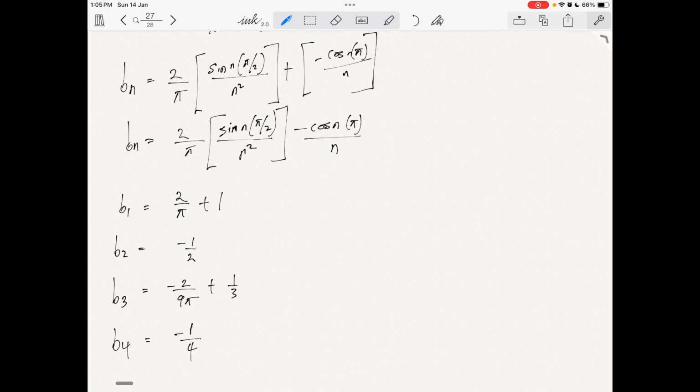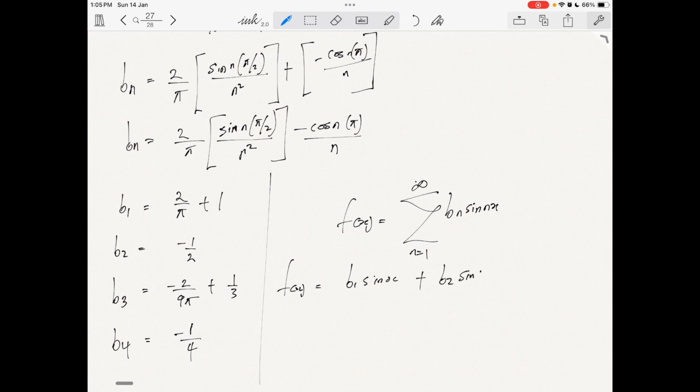Now we recall that f of x is equal to the summation of bn sine nx from n equals 1 to infinity. So f of x can be reduced to b1 sine x plus b2 sine 2x plus b3 sine 3x plus b4 sine 4x.